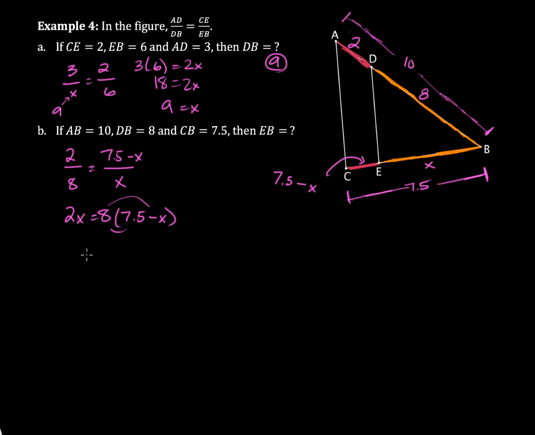Now I need to distribute this 8 in, so I'll have 2x equals 8 times 7.5, which is 60, minus 8x. I'm going to add 8x to both sides, so I have 10x equals 60, and that means that x must equal 6. So x, which is EB, equals 6.